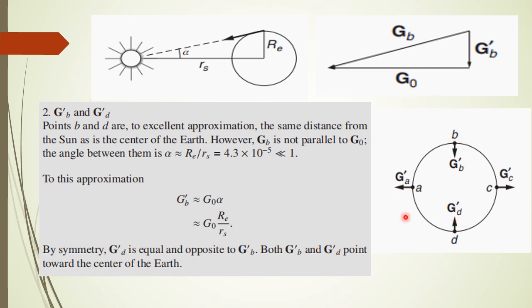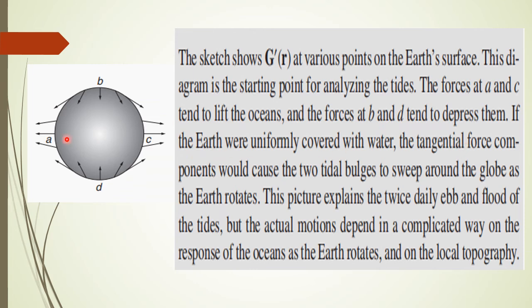So you got all the 4 values as well as the directions of the fields at the 4 points. Now in this figure you can see that this is the direction of field at A and this is the direction of field at C. Here we are drawing only the starting points. Here it is towards the center and here too it is towards the center. So the sketch shows G dash at various points.